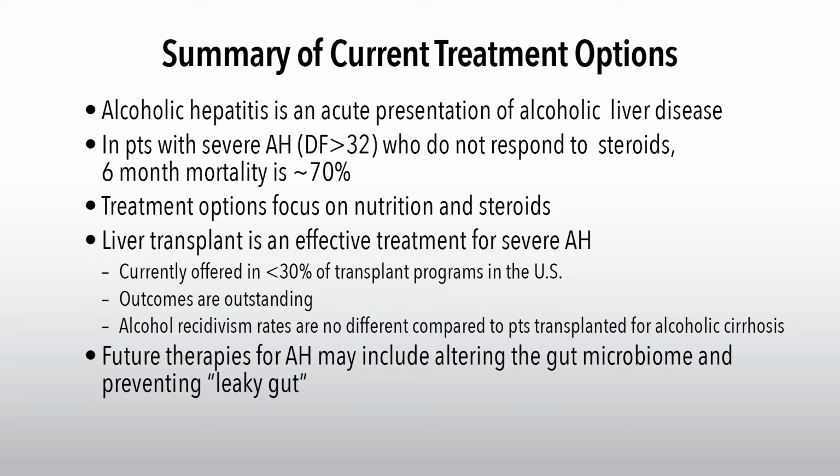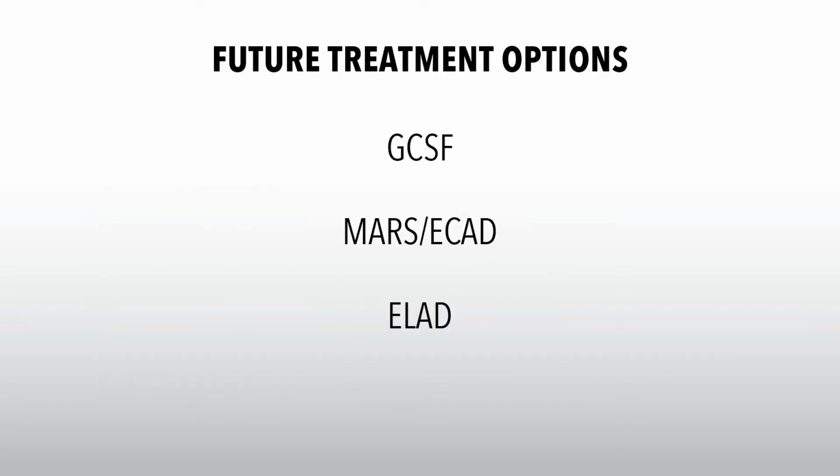At this present time, we have the hope of different therapies, probably more effective than we have now. Some of them are based on altering the gut microbiome and preventing the leaky gut syndrome that is a source of many of the complications. Other treatments on the horizon are the use of G-CSF, the granulocyte colony stimulating factor.